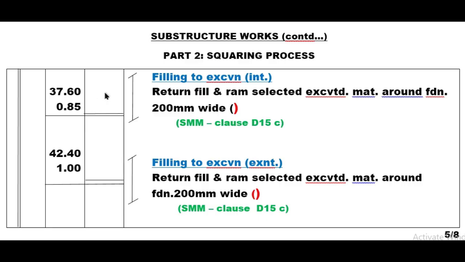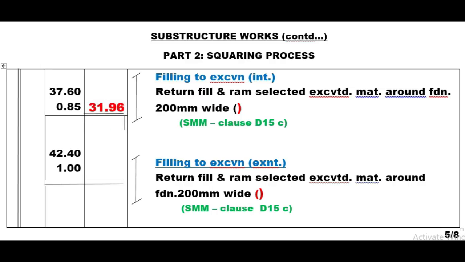So if I have to square that, I multiply these two figures and I'm getting 31.96. So if I have to get the volume to be used in backfilling for the internal, I turn this 200 millimeters into meters, that is 0.2, and I multiply by this, and I'm getting 6.39 cubic meter. So this is the volume that is going to be used to do backfilling for internal.